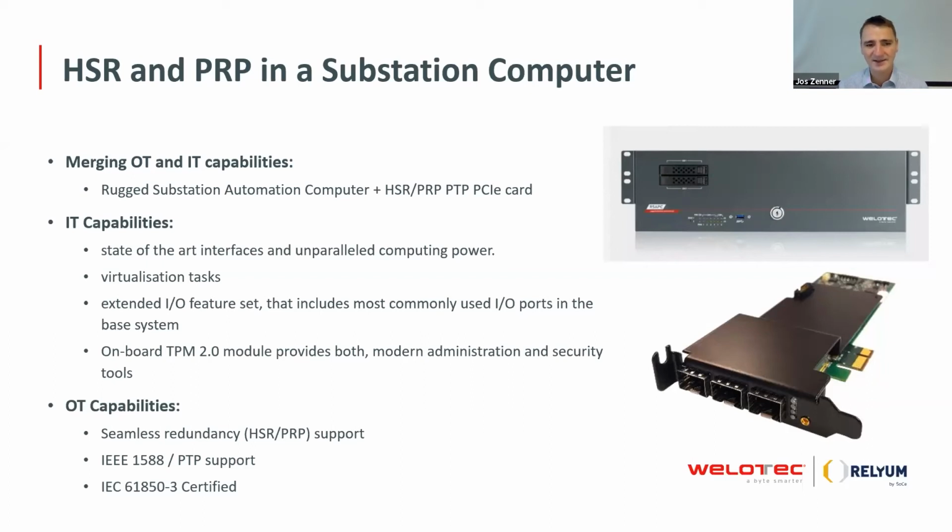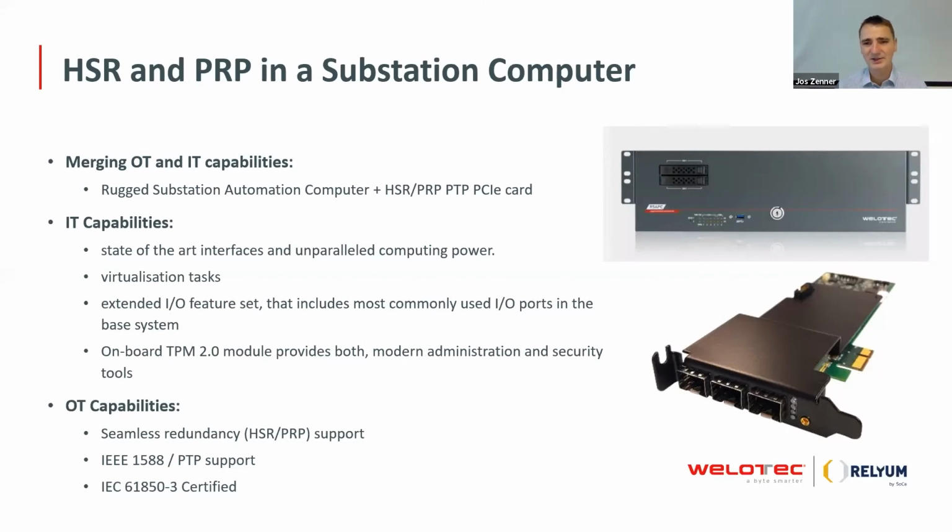In addition, the system offers security with an integrated TPM 2.0 module for modern administration and identification of the devices. With the OT capabilities of HSR and PRP, you also directly have PTP support, which can deliver time much more accurately to other systems, for example, Windows and Linux.